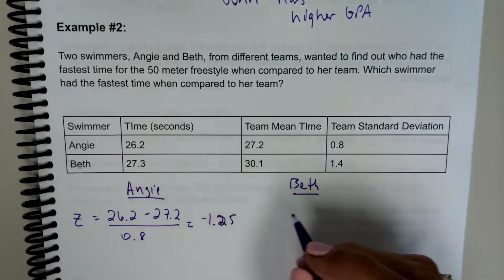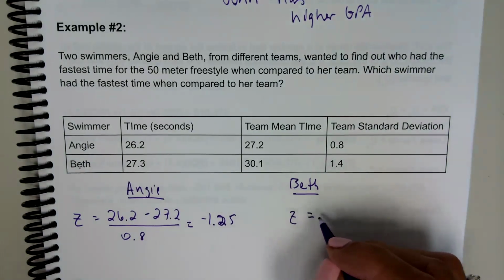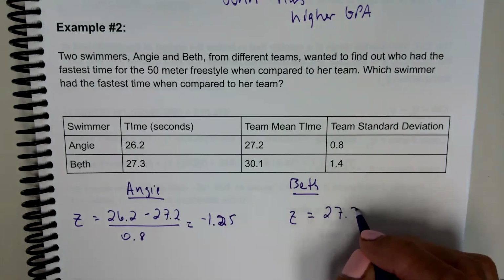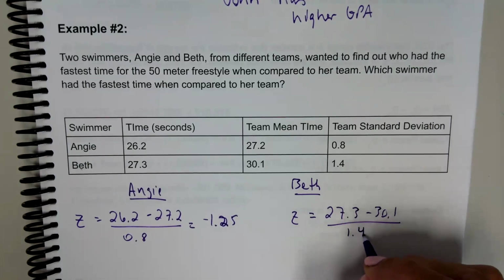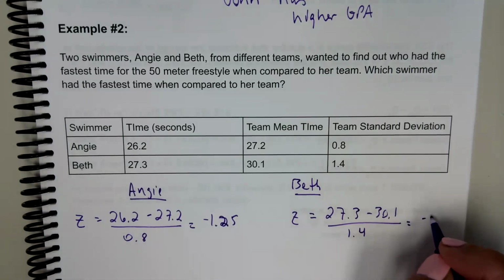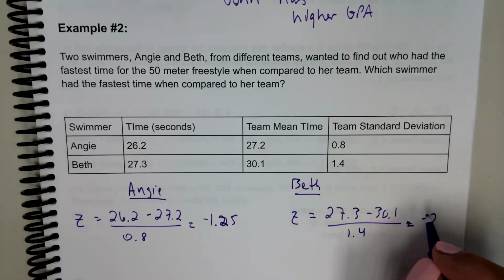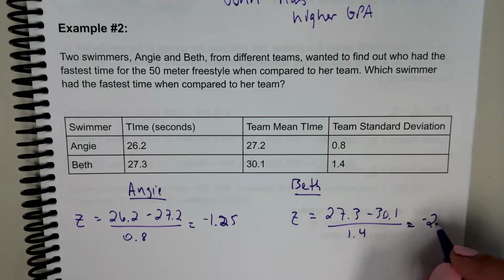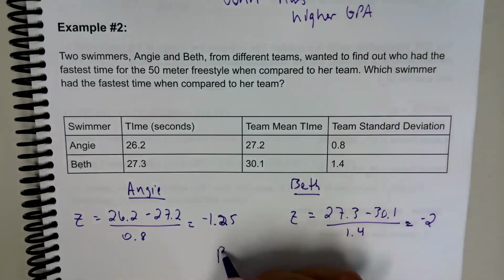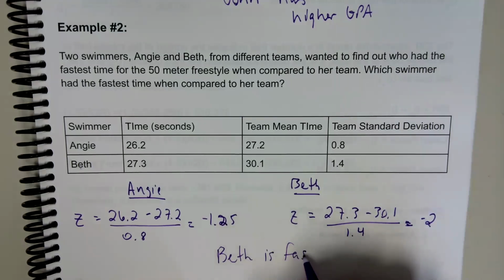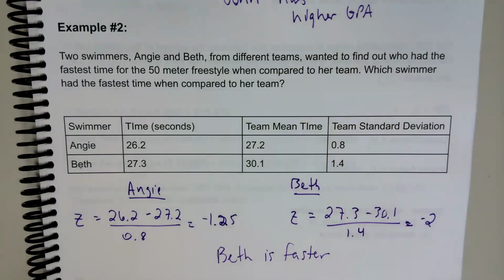And Beth is a full 2 standard deviations less than the mean. So we want the one that's further away. So Beth is faster by 0.75 standard deviations.